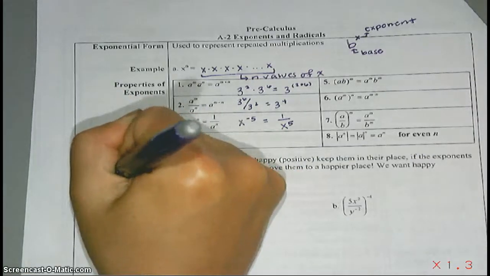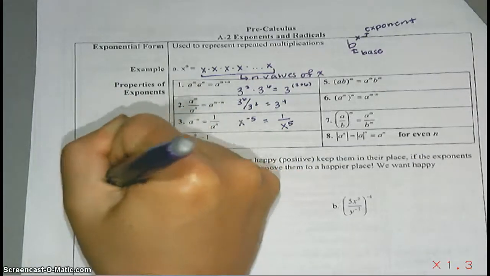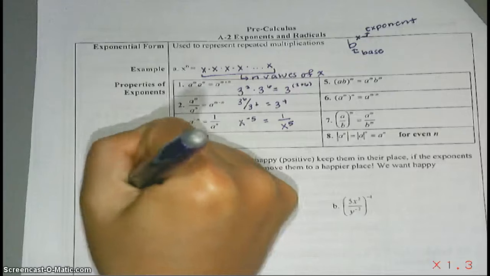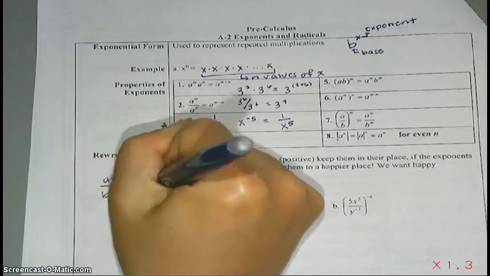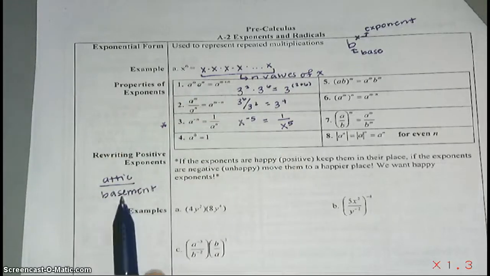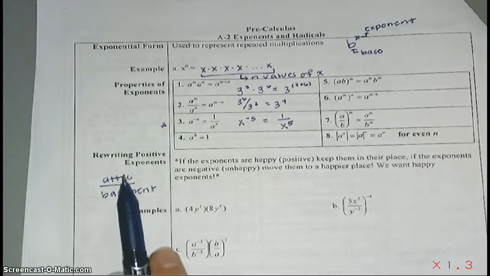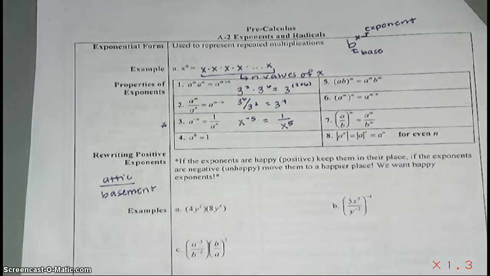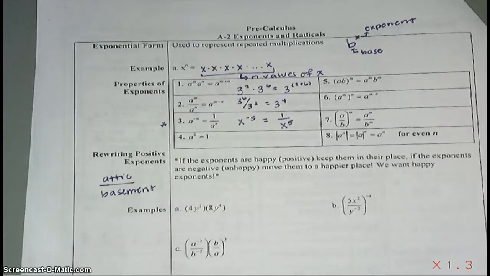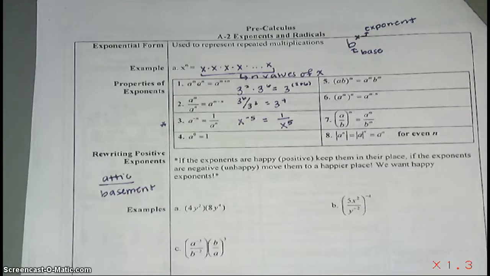I call it the attic or the basement. So if an exponent is unhappy in the basement, you can move it up to the attic where it becomes happier, has an attitude adjustment, and works through its struggles. We'll definitely get some more experience with this, especially with this one right here.